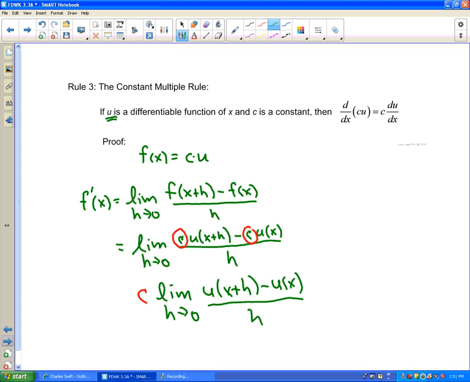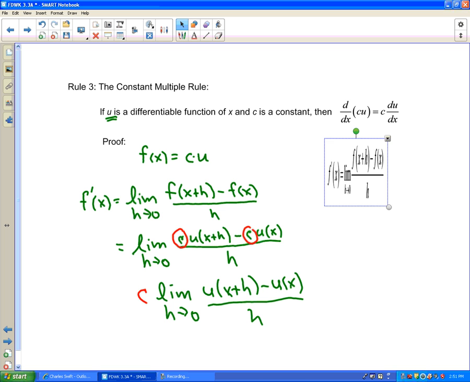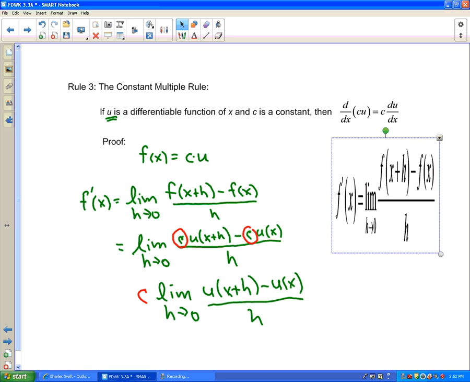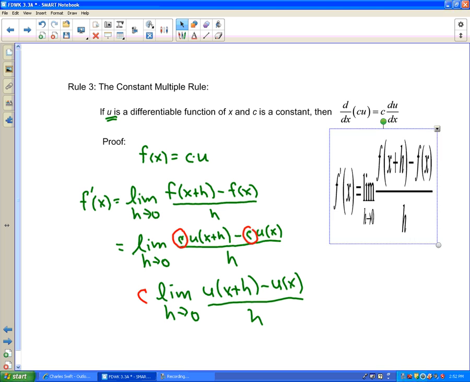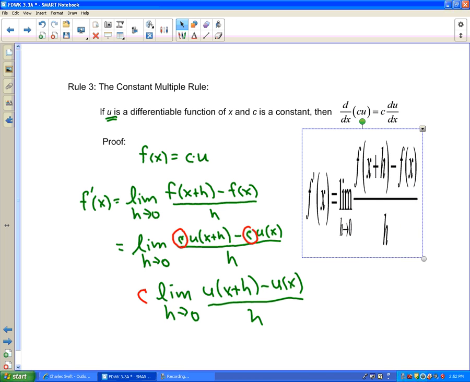Now that particular expression looks familiar. But here we can compare.